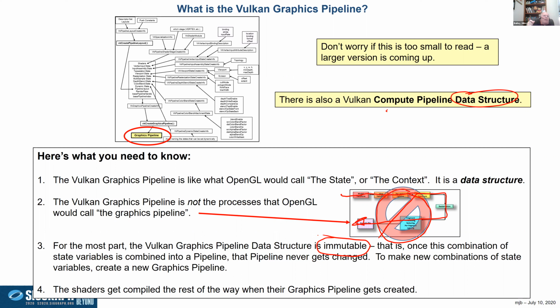Okay. And I've heard from some people I know in game companies that at the start of the game engine, they often create like 2,000 graphics pipeline data structures because that's how many unique combinations of characteristics they want to have on tap. Okay, yeah, you've got to do it.